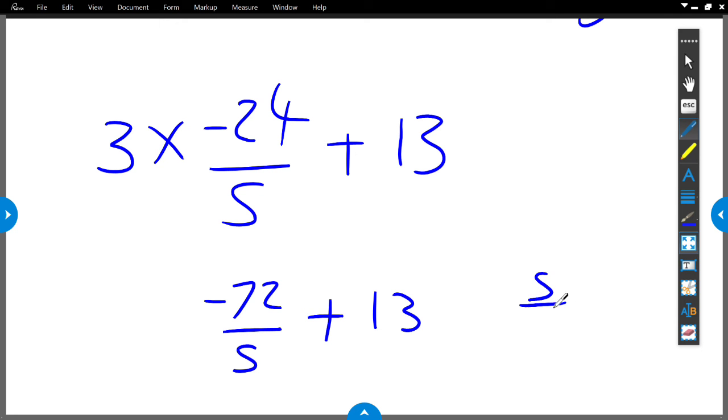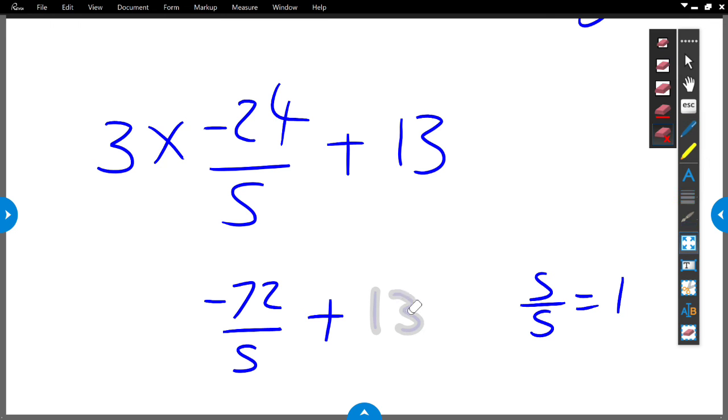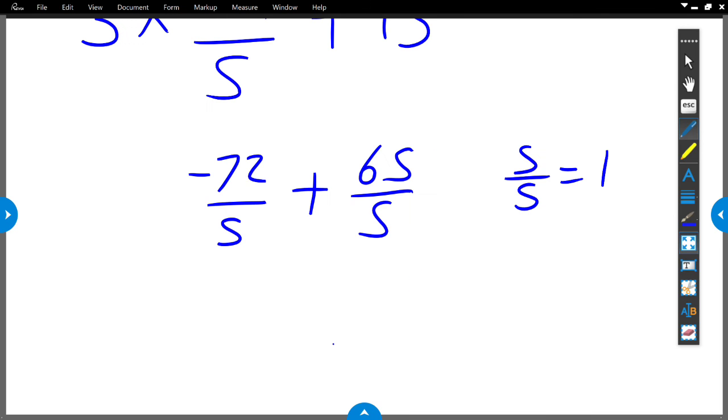Now 5 fifths is equal to 1. So for every 1 we have, we're going to have 5 fifths. We have 13, so we're going to have 13 lots of 5 fifths. 13 times 5 is 65. We're at something quite negative, and we're adding, so we're getting less negative. So in fact for this one, I can do 72 minus 65, and then it's going to be negative.